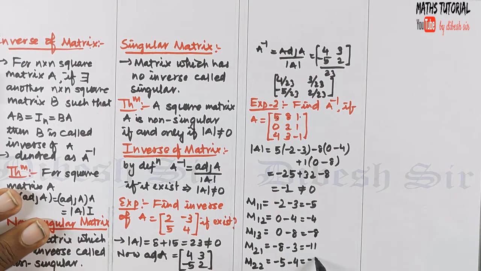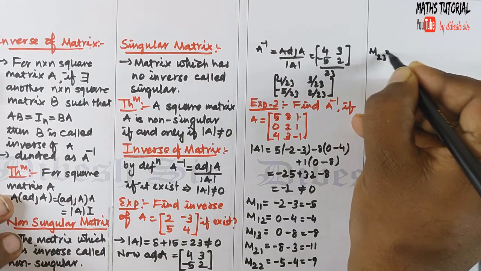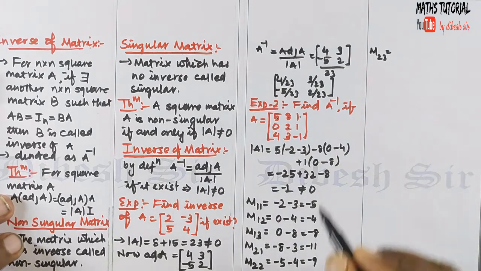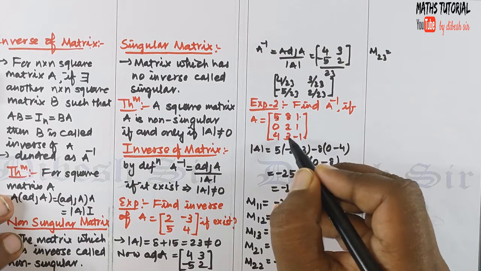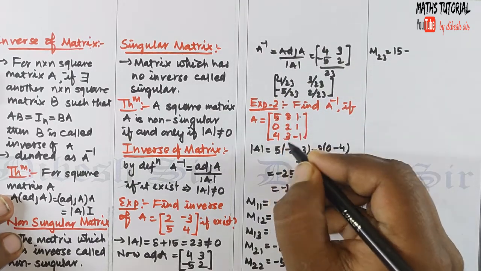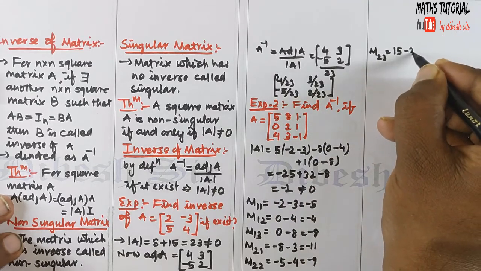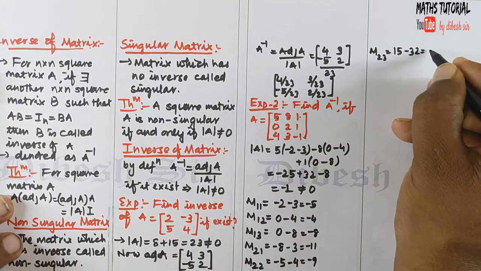That is minus 9. Next find M23. M23 means second row, third column. 5 threes are 15, minus 4 eights are 32. So 15 minus 32, that is minus 17.